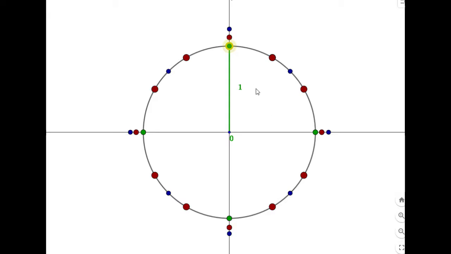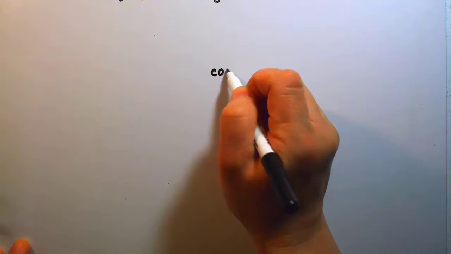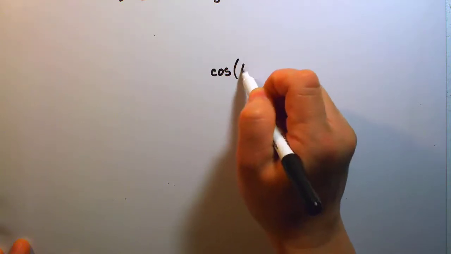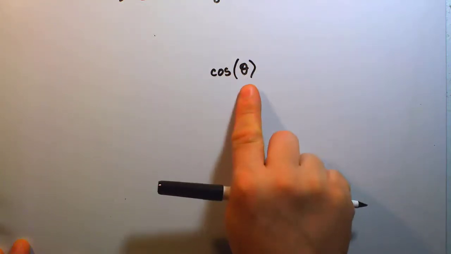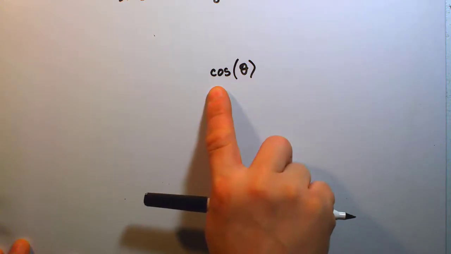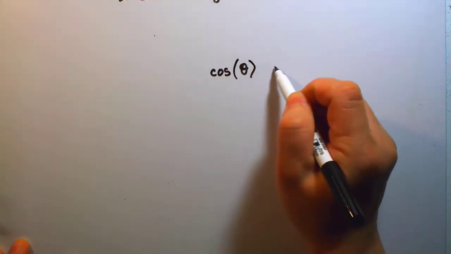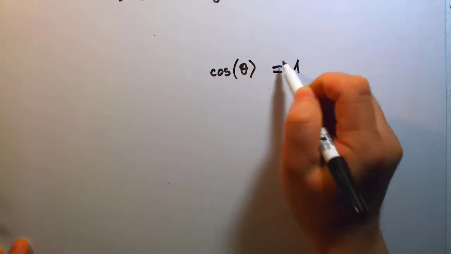Let me take a pause here and go back to my board. So far you can see that we have changed to various different angle theta values, and we've noticed that the cosine output value has so far been either equal to 1 or below 1.